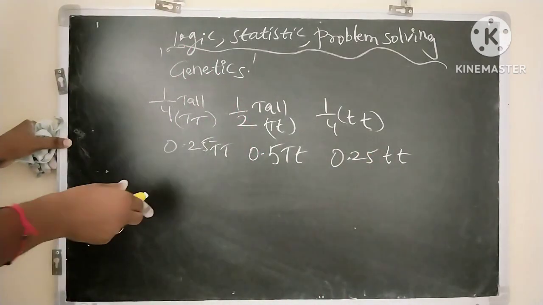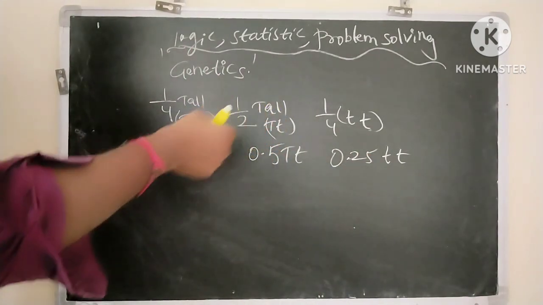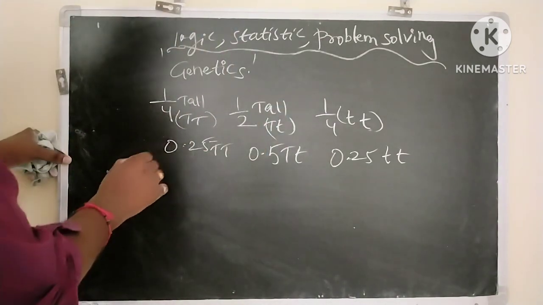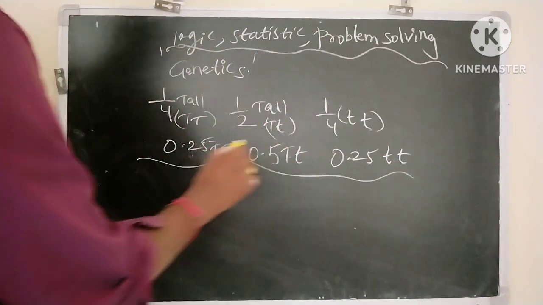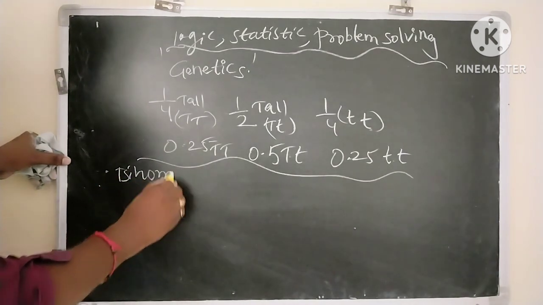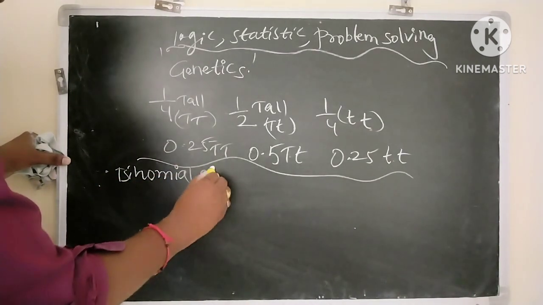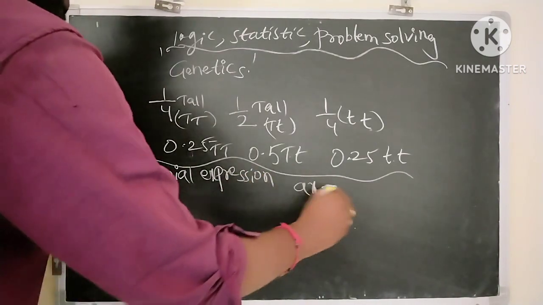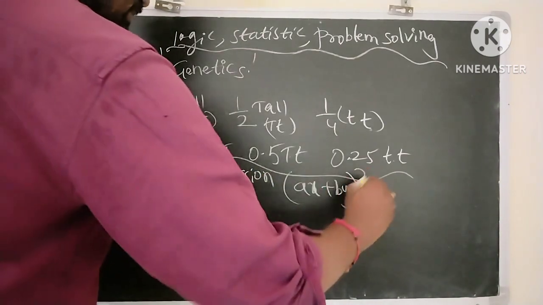Okay, so by using these variables we can also express them in the form of a binomial expression, like (ax + by) whole square.